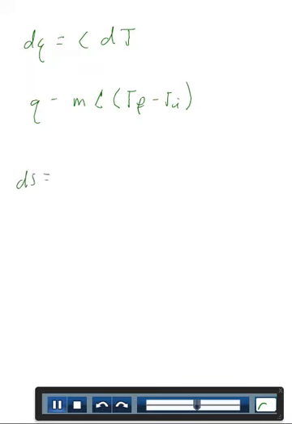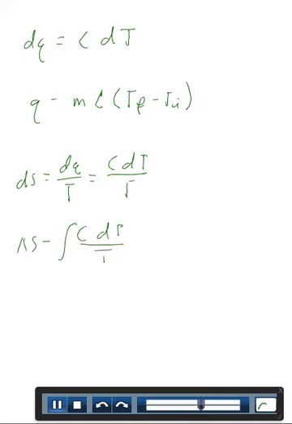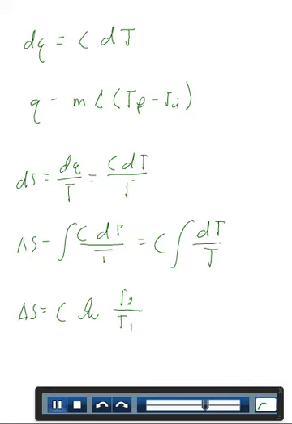So going back into our entropy equation, dq is equal to C dT, and if we integrate both sides, we get delta S is the integral of the heat capacity times dT divided by T. If the heat capacity is a constant, we can take it out of the integral, and then delta S is the heat capacity times the natural log of the final temperature divided by the initial temperature, or the temperature for state 2, which I say is final, and the temperature of state 1, which is the initial.